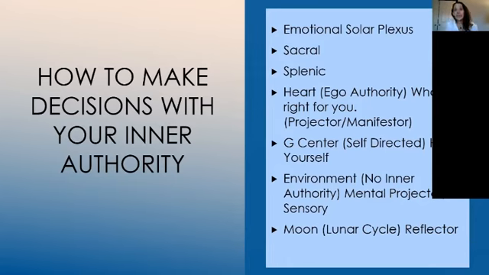Once that instinct pops through, it's as if the body gave it to them and that's it. Either you heard it or you didn't. So the job for the splenic person is to get really good at paying attention to it and then act on that initial impulse. I want to say this again, it's the initial impulse.